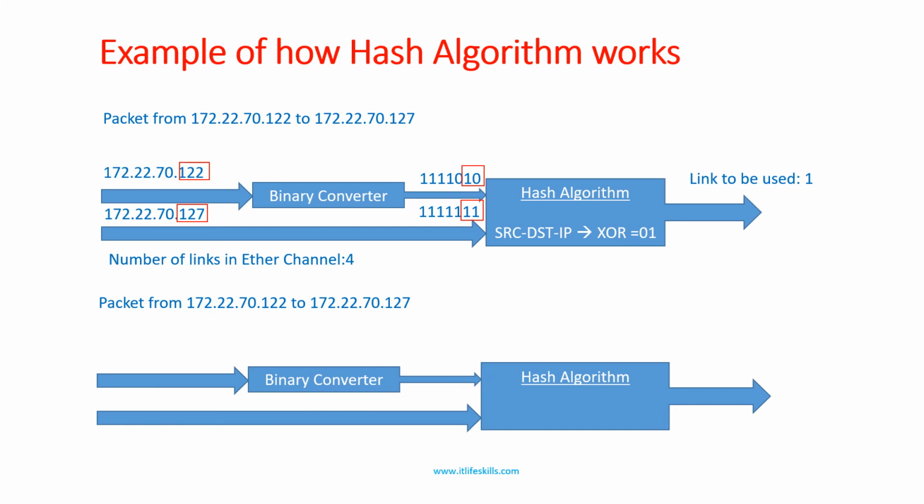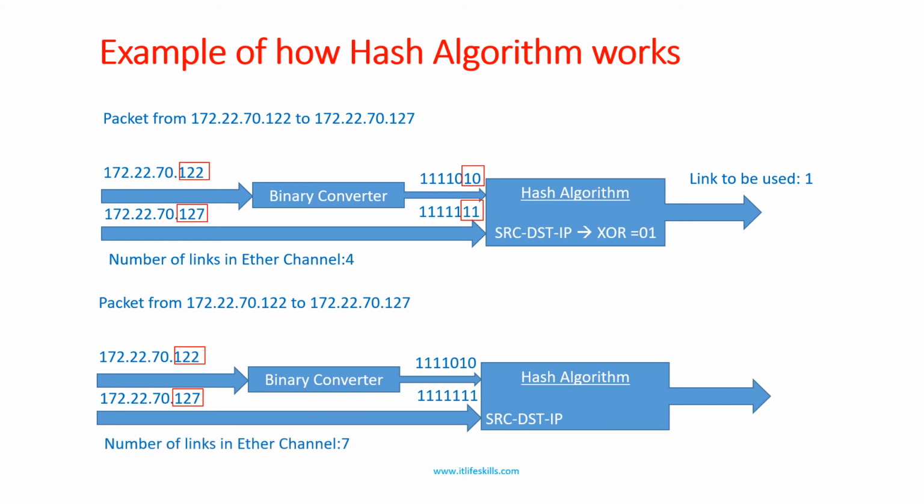Now let's analyze the fourth case, where we also still have the source and destination IP address as the load balancing method, and we're going to repeat the same steps: convert 122 into binary and convert 127 into binary.